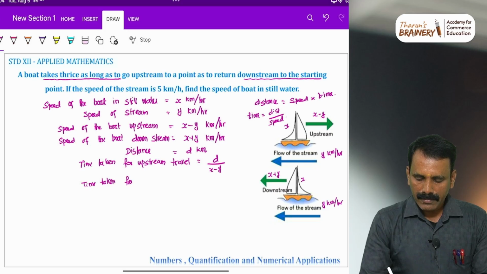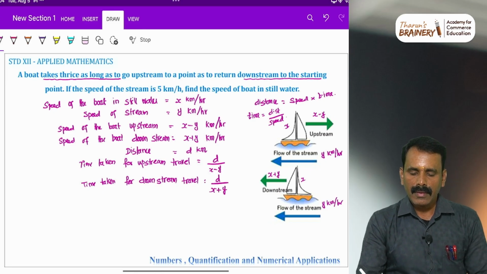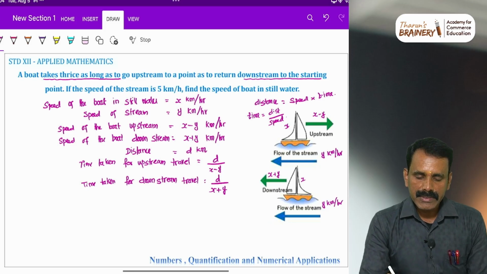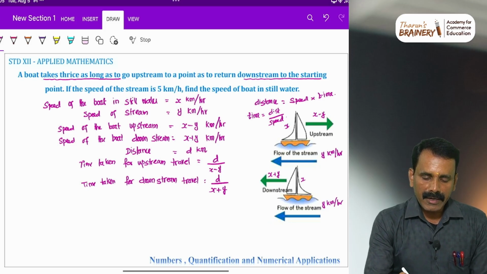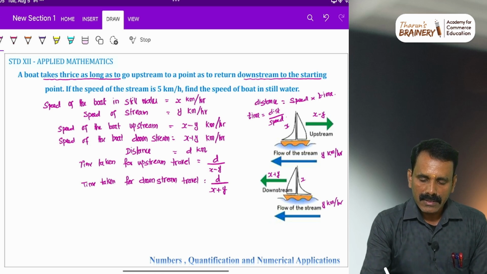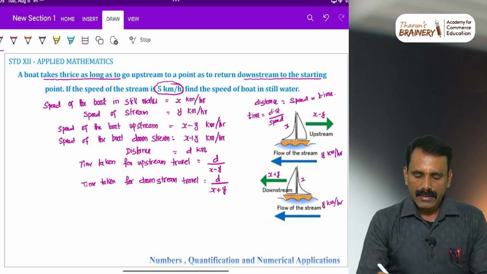Time taken for downstream travel, that is d divided by x plus y. And they have given two data now. One is the time taken for the upward travel is 3 times the time taken for the downward. And the next one is the flow of the stream.